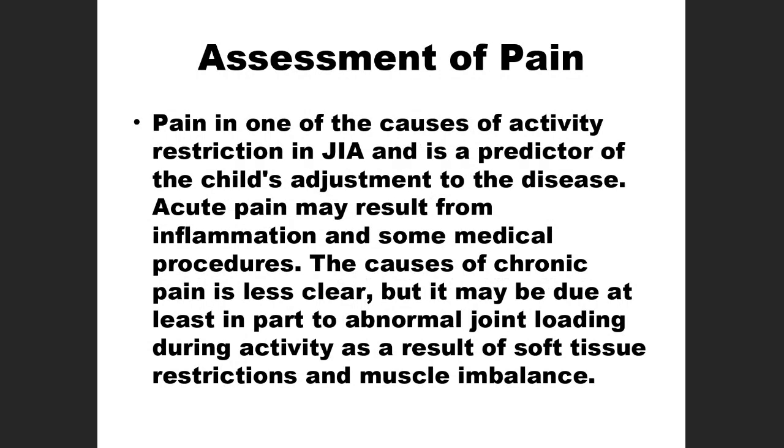Pain is one of the causes of activity restriction in JIA and is a predictor of the child's adjustment to the disease. Acute pain may result from inflammation and some medical procedures. The cause of chronic pain is less clear, but it may be due, at least in part, to abnormal joint loading during activity as a result of soft tissue restrictions and muscle imbalance.